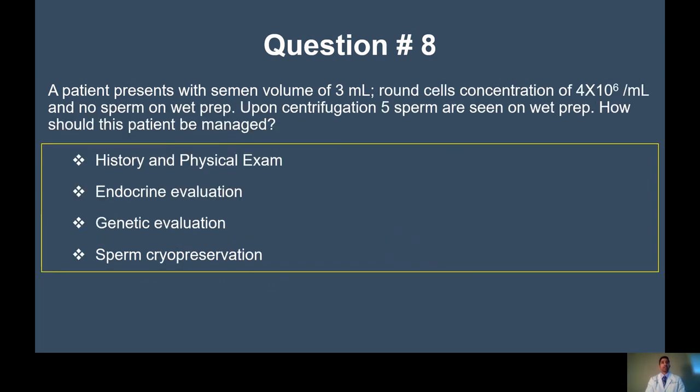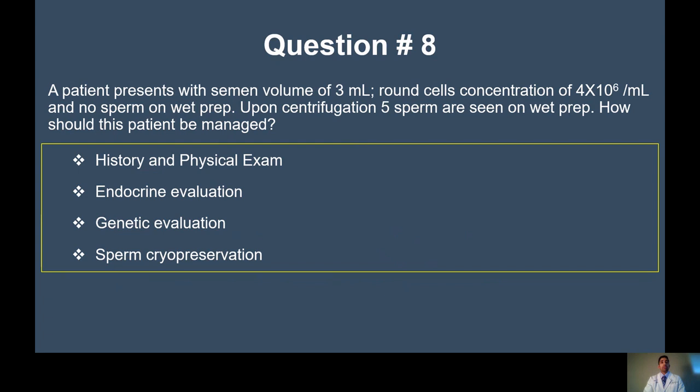Further workup includes history, physical exam, hormonal evaluation, genetic evaluation, checking for karyotype and Y chromosome microdeletion. And in this situation, where 5 sperm are seen, it is also reasonable on a repeat semen analysis to offer sperm cryopreservation.